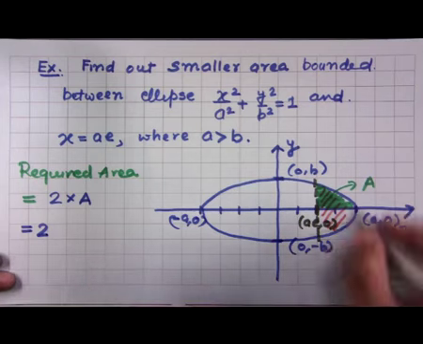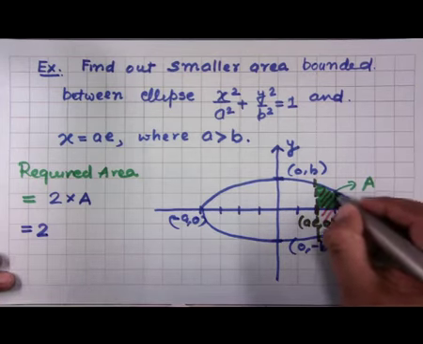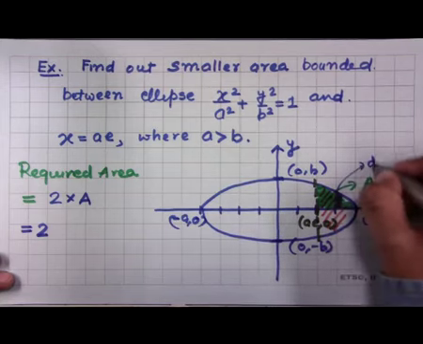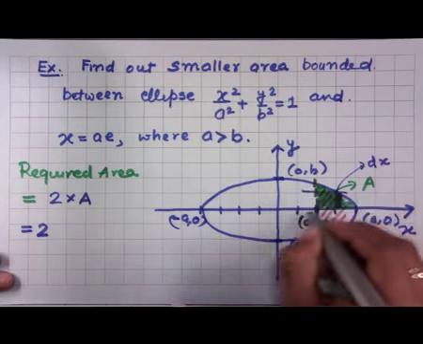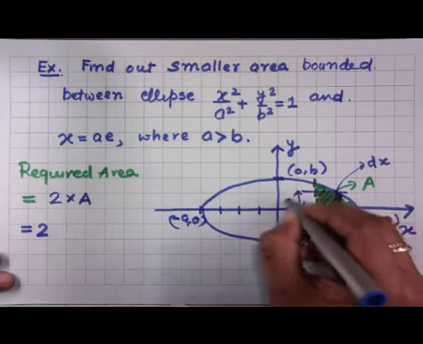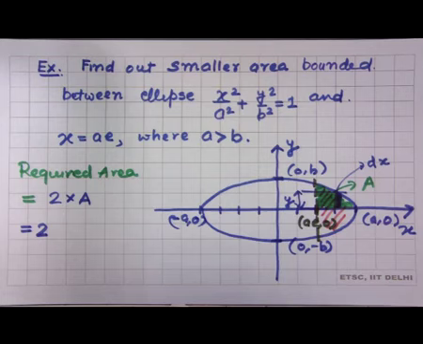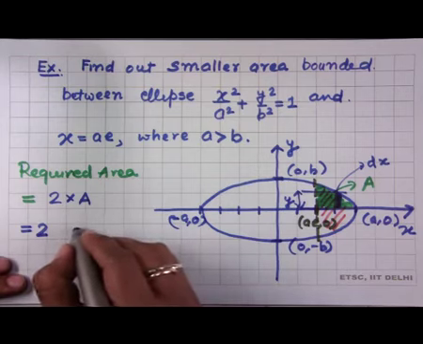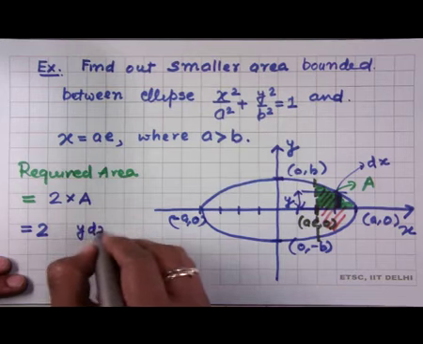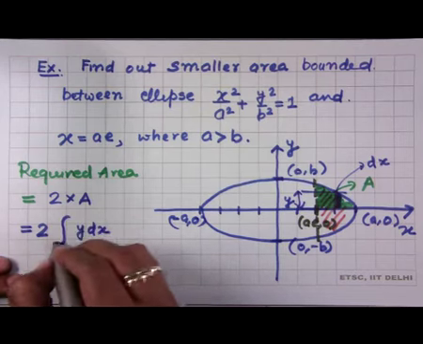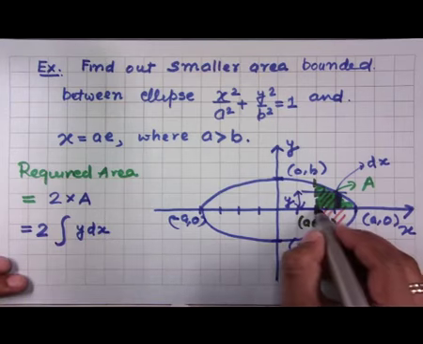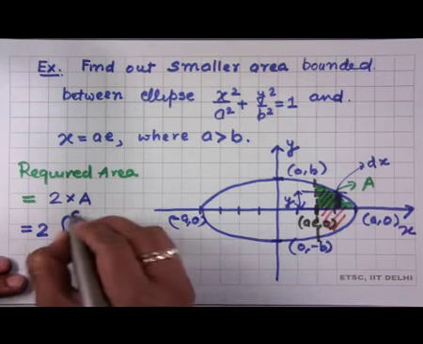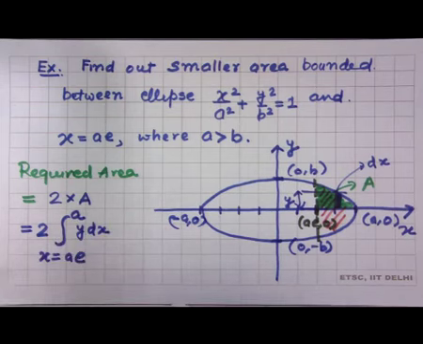Now if you consider a vertical strip here whose width is dx, the height will be governed by the equation of the ellipse. So, the elementary area will be y dx, and if you integrate it for x from minimum to maximum, that is x equals to AE to x equals to A, you get the required area.